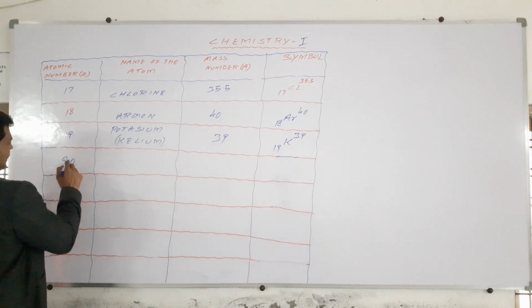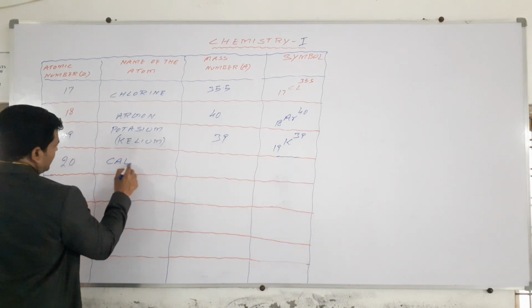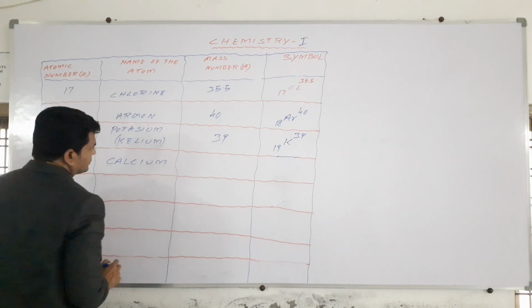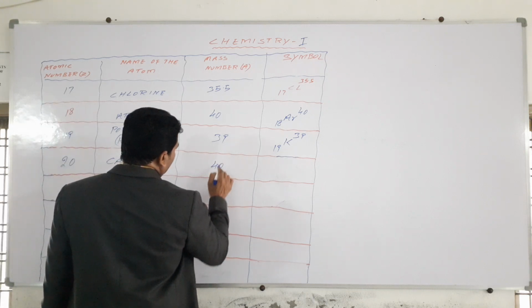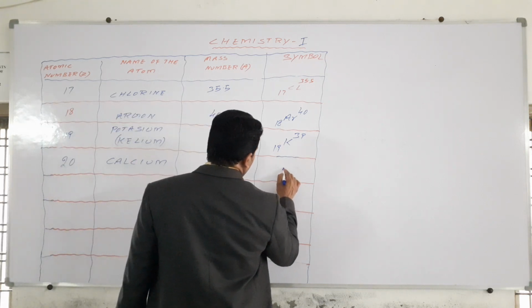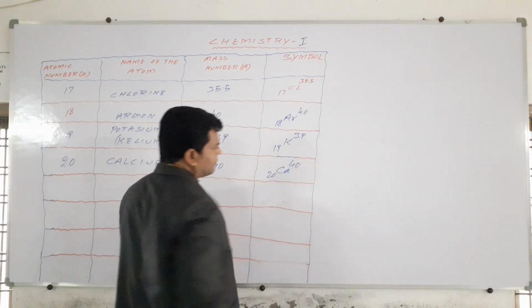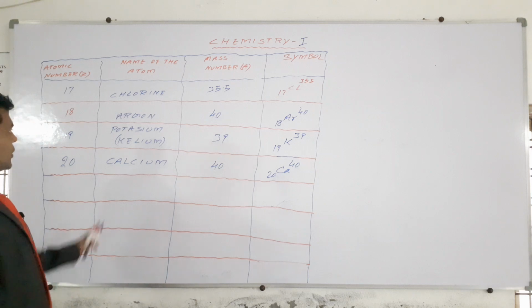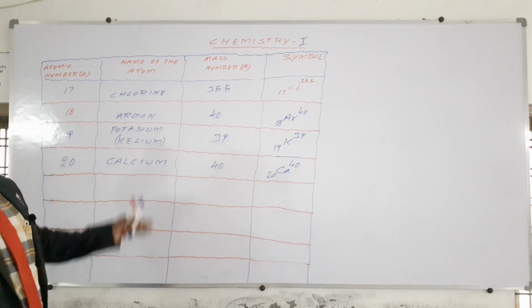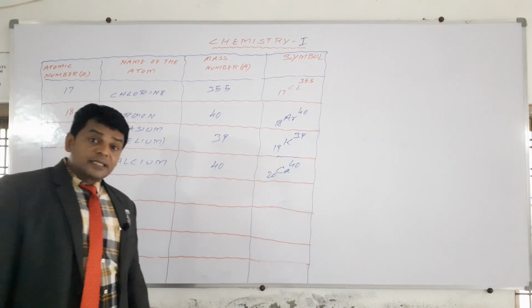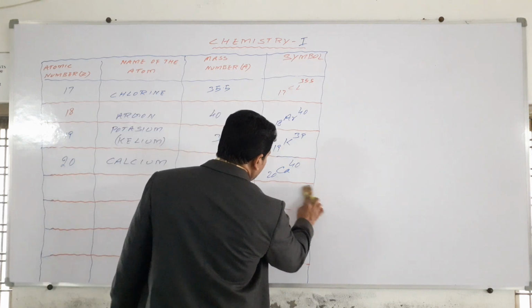Then 20, calcium. 40, its symbol is Ca 20 40. You must learn these atomic numbers and atomic weights.